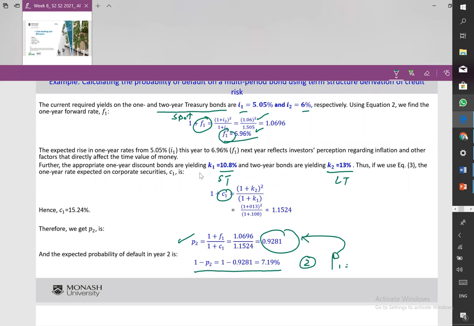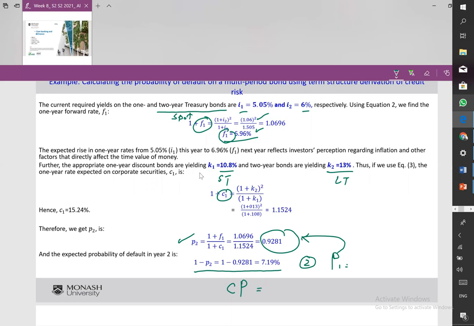92. Now, if I know year 1 and year 2, as I told you, I can calculate the probability of payment of the 2 years, which is the probability of defaulting for 2 years, the cumulative probability of defaulting.